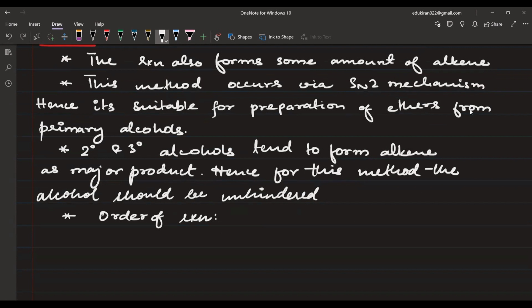First of all, we are going to write the order of reaction for dehydration of alcohol to form ether. Via dehydration, we form two products. One of them is ether.